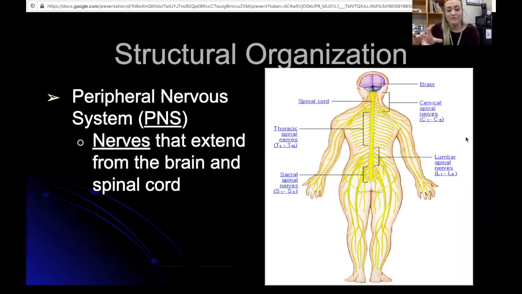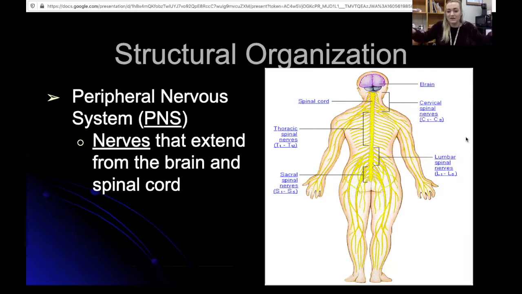And then we also have our peripheral nervous system. So if you think about the word peripheral, right? When we say use your peripherals, we mean use the outside angle, I guess you could say, if you were looking from the side. So the peripheral nervous system is the same thing. We have our central, which is right there in the center, and then our peripheral is everything that is to the side of that.